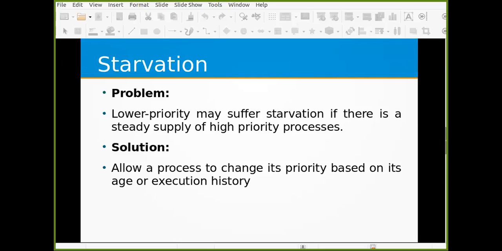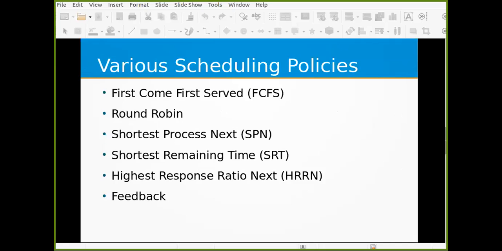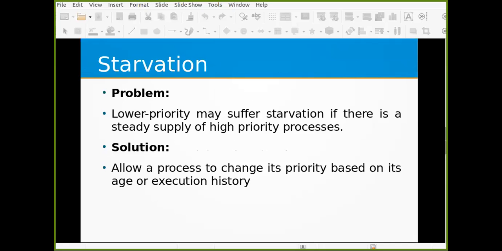So the lower priority process will get a chance at some point of time. That is what feedback queue is about, which we will discuss later. But that is one possible solution to starvation: you can change the priorities at runtime based on some criteria like age or execution history. Does this make sense?